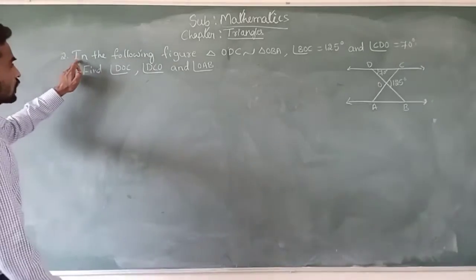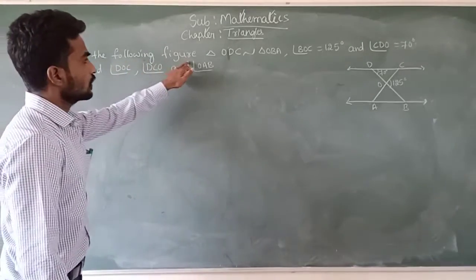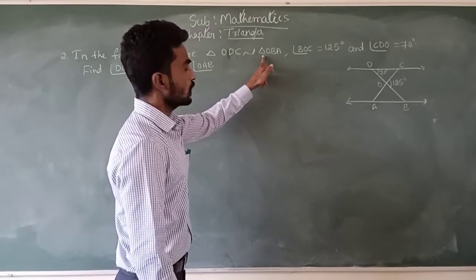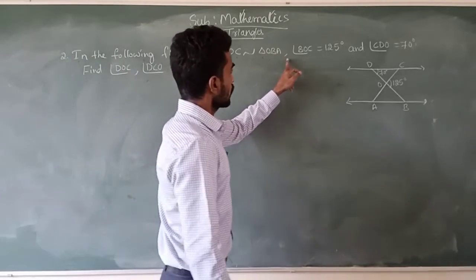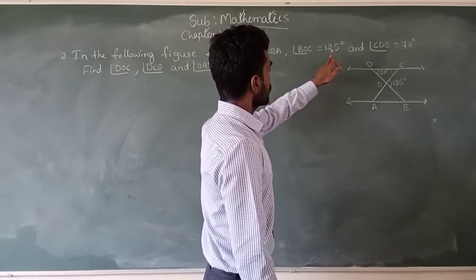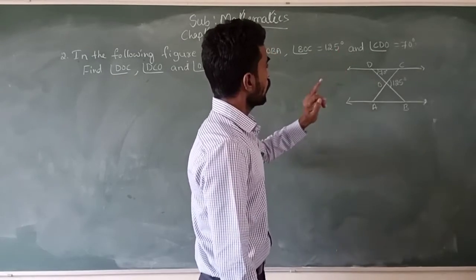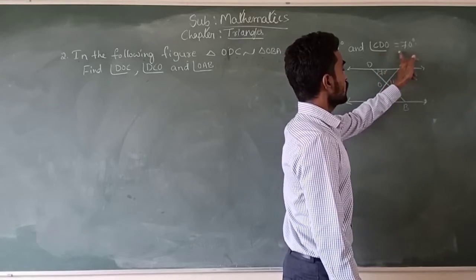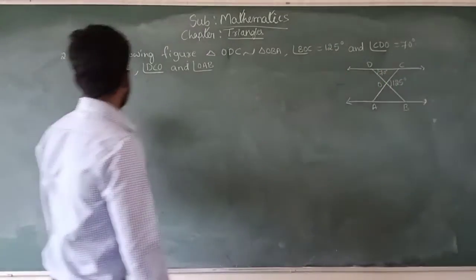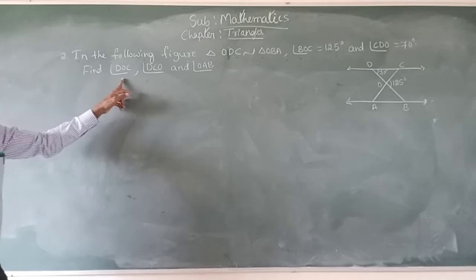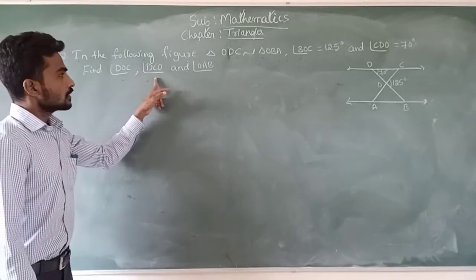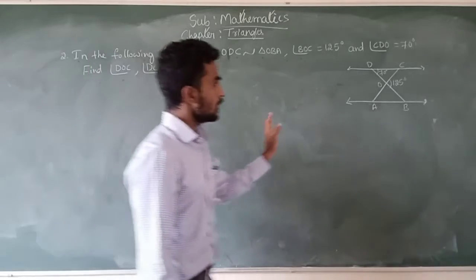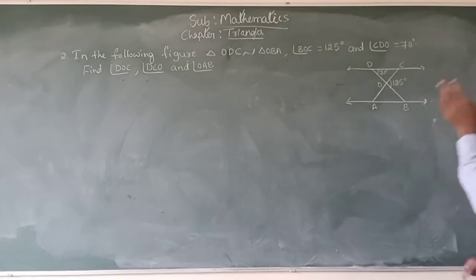They are given that in the following figure, triangle ODC is similar to triangle OBA, angle BOC is equal to 125 degree, and also angle CDO is equal to 70 degree. Find angle DOC, angle DCO and angle OAB. They are given the figure.